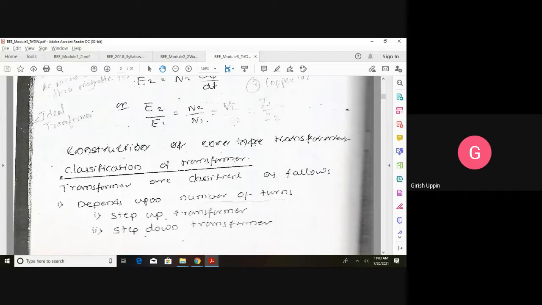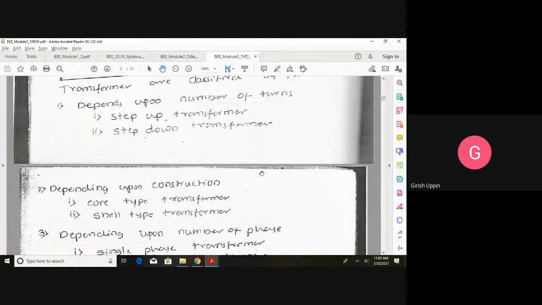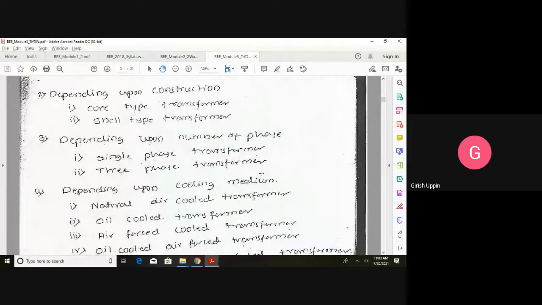If the primary turns are more than the secondary, then it will be a step down transformer, because primary voltage will be more than the secondary voltage. That is how we can have either a step up or step down transformer based on the number of turns on each winding. And depending upon the construction of the transformer, there are two types. We will see the construction: core type transformer and shell type transformer.